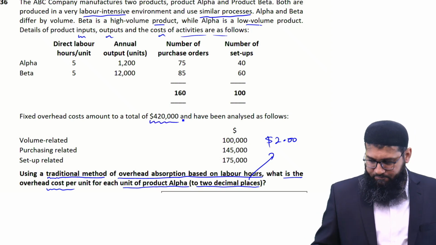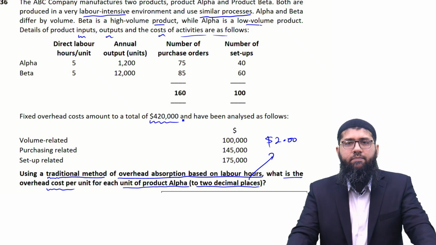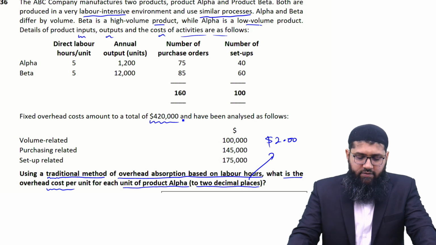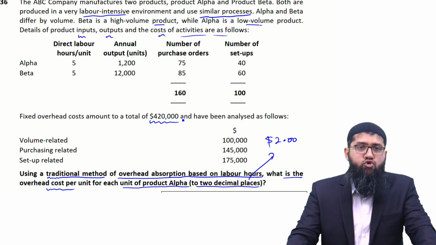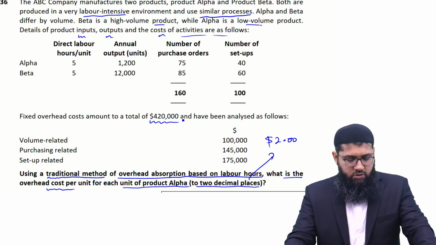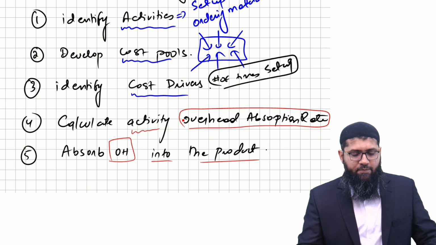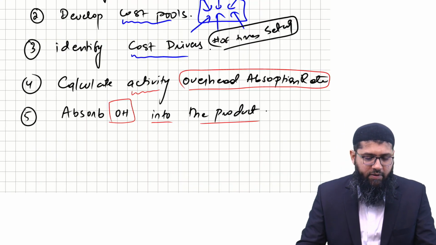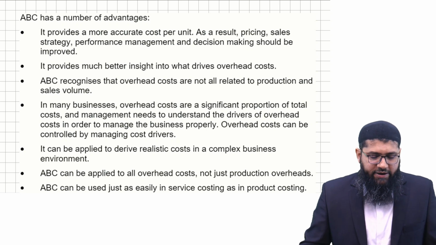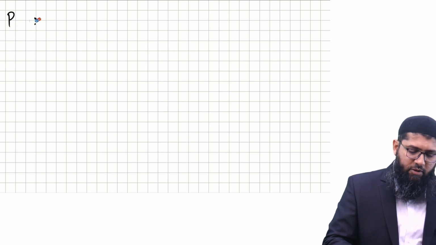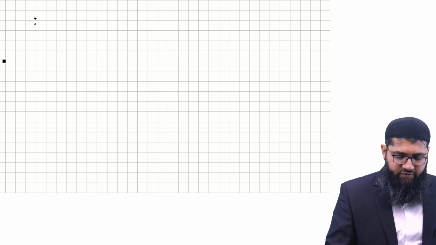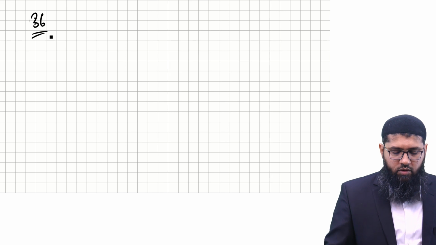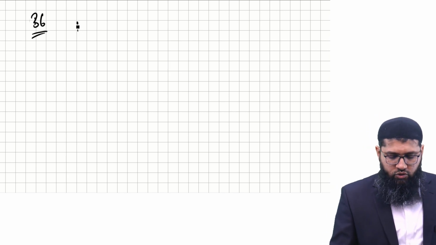Now, in this example, I'm being asked to calculate the cost using overhead absorption based on labor hours. So that is a traditional absorption costing example. Let's talk about this MCQ number 36.